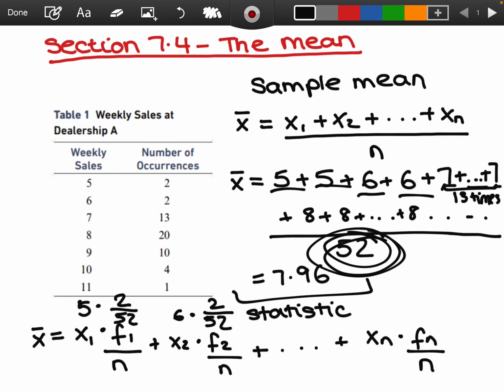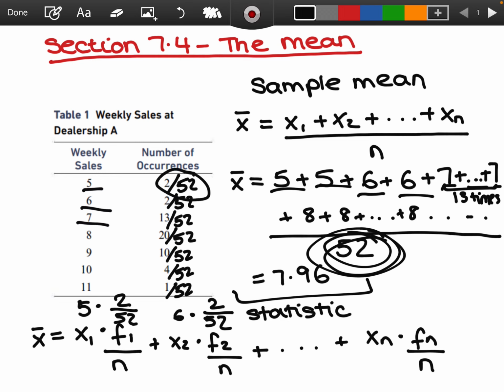If you have a relative frequency distribution, where you would have taken each of these frequencies and divided it by the total number of things in your sample, so for each particular weekly sale we have its frequency compared to the whole thing, you would just multiply each of those data values, so x1, x2, x3, etc., by its relative frequency.